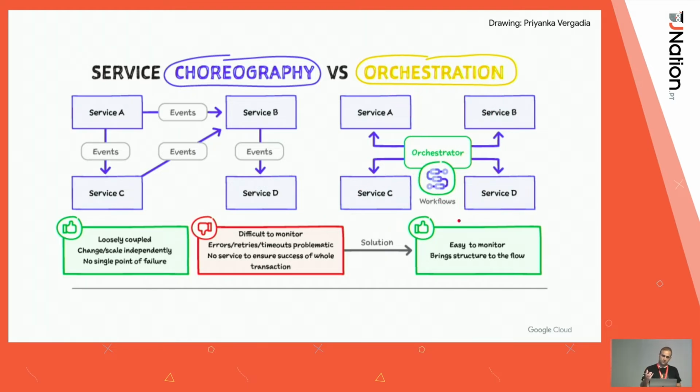Now, the good thing about this is that you have a central place to define how things should work, and things also become really easy to monitor, because since the orchestrator knows how things should work, if something doesn't work, let's say it makes a call to service B, you will see immediately that service B didn't return the call. So it becomes easier to monitor.